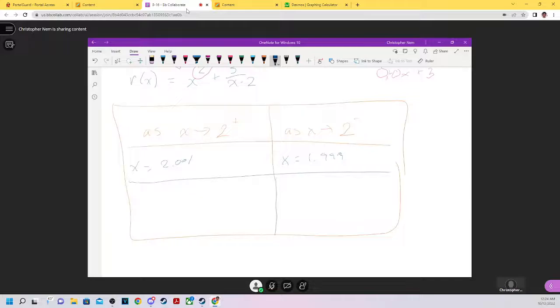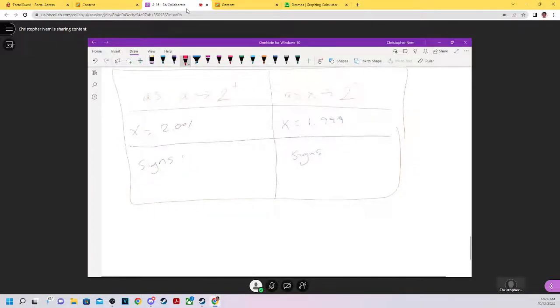All right. So if I were to plug this in, let's check the signs. Let me write the factored function just so we have a reference to look at. Once I factor it out, I get x plus 1 times x squared minus 3x plus 3, over x minus 2. This is our factored function. If I plug in 2.001, the first factor is positive. For the quadratic, 2.001 squared minus 3 times 2.001 plus 3, we actually might have to calculate this a bit.